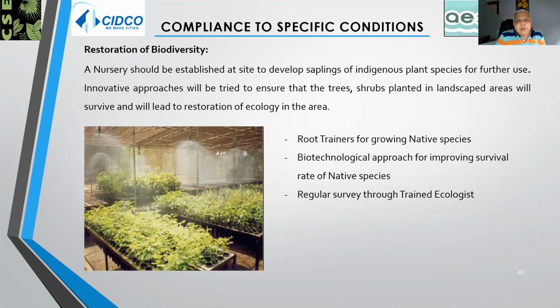One other thing which should be done is that a nursery should be planned or established at the conceptual stage of the project itself, so that the trees grow up to about 2 or 3 meters high, and then they can be used for plantation purpose.